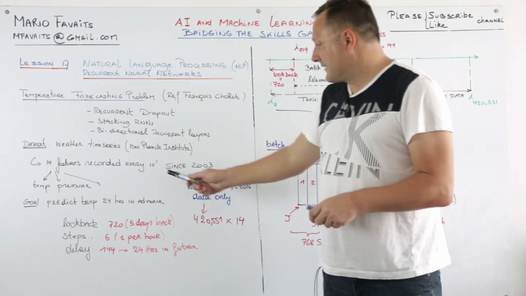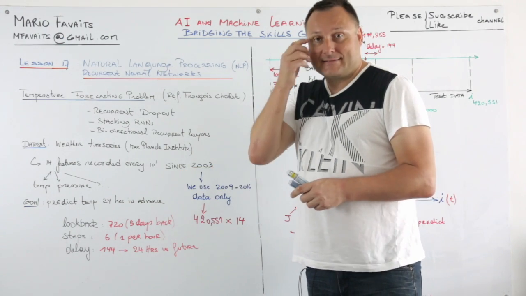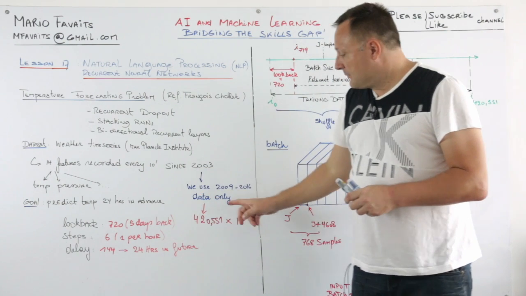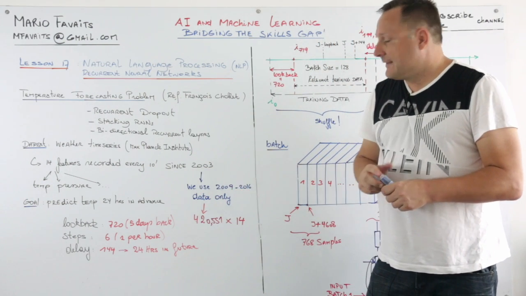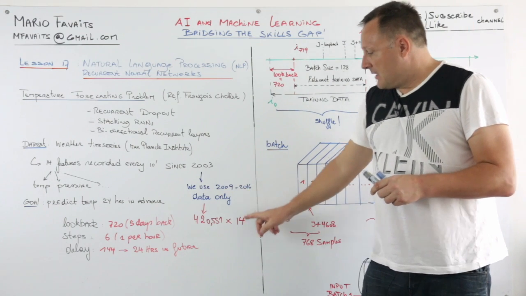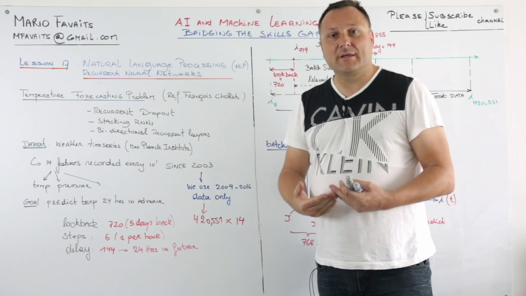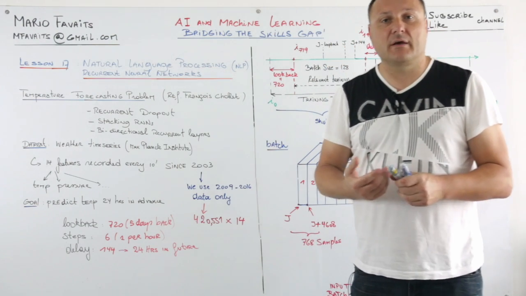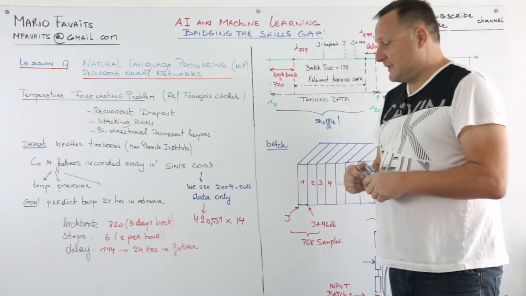And this was recorded every 10 minutes. It was actually started in 2003, but the data set we look at is 2009 to 2016. So the number of recordings or data points we have is about 420,551.